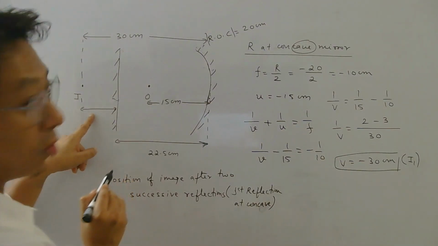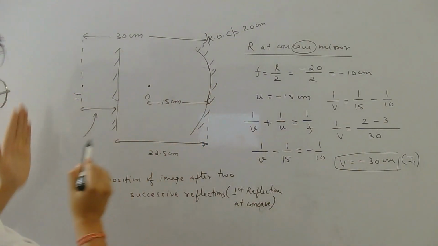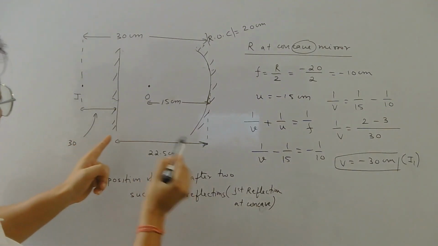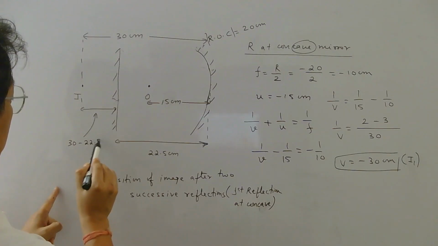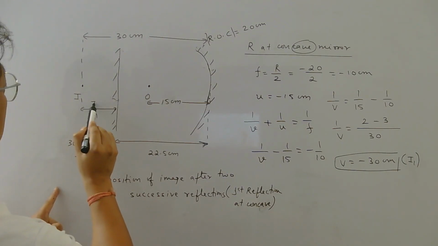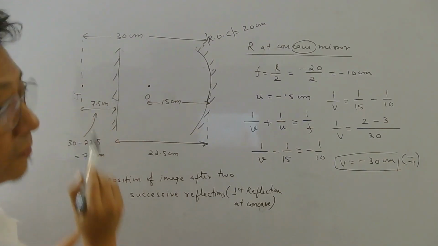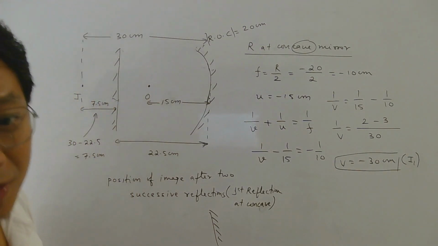So this will be now the object. So this will be like the object distance. How much will it be? Well, this is 30 and the distance between the two mirrors is 22.5. So if you subtract, you will get 7.5. So this is 7.5 centimeter. And you know, for a plane mirror, it is very easy to find the image.